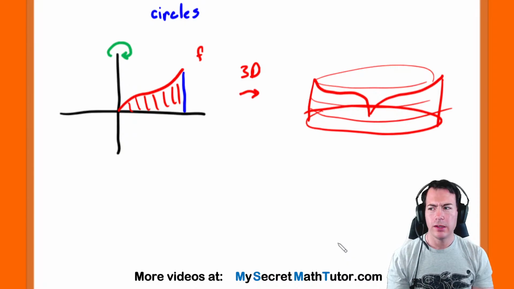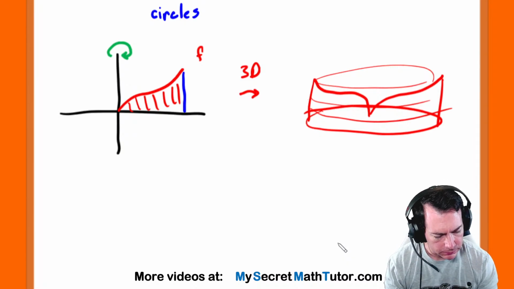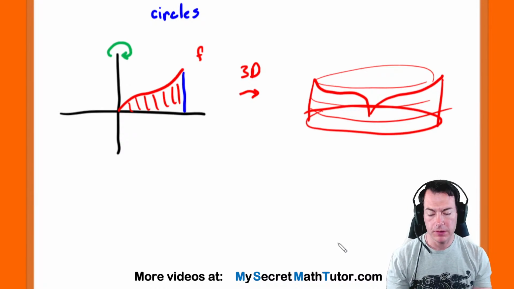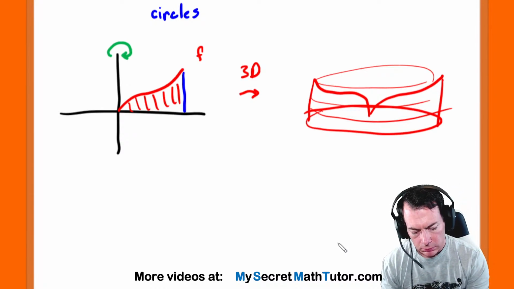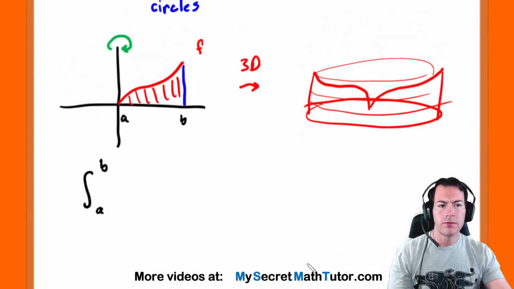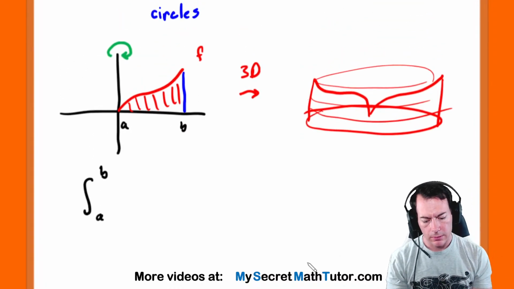Yeah, what would the formula for this one look like? Well, it would use the formula for the volume of a cylinder. So we're going from A to B. The volume of a cylinder, what is that? Pi r squared times the height.